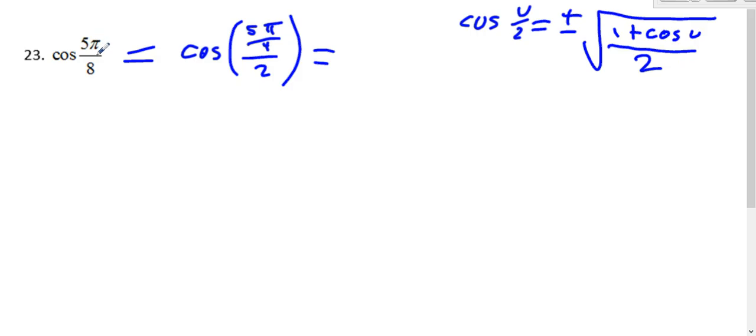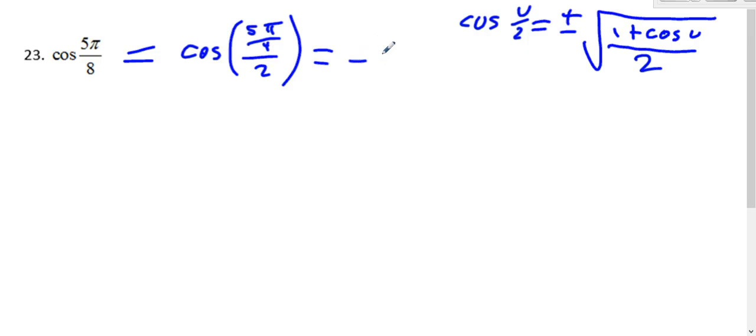So 5 pi over 8, that's in quadrant 2, so cosine will be negative. And then the u that we are plugging in is 5 pi over 4.